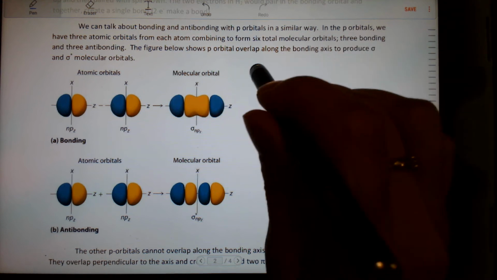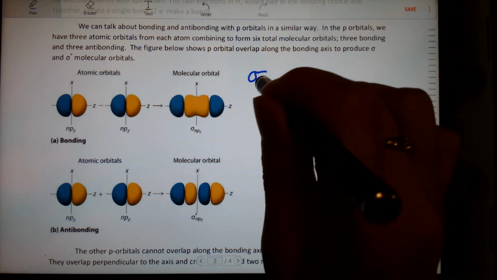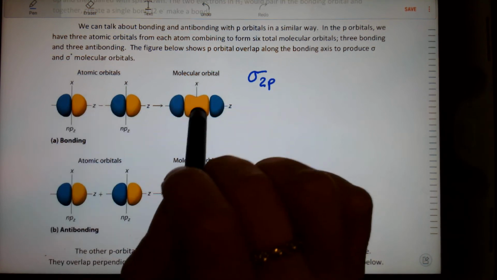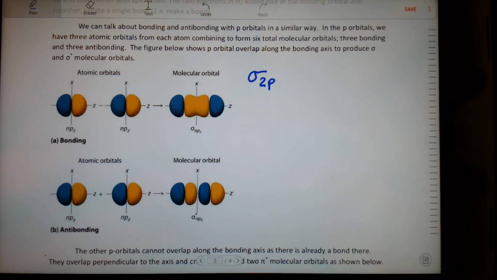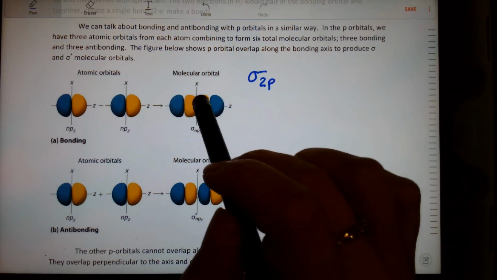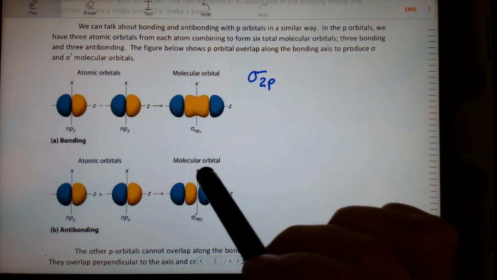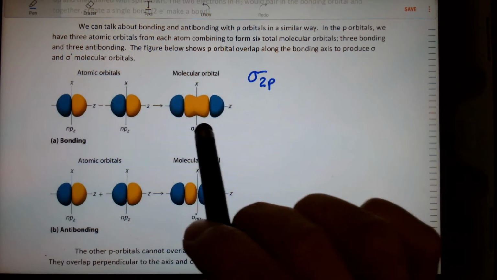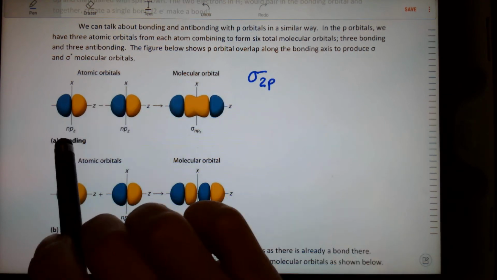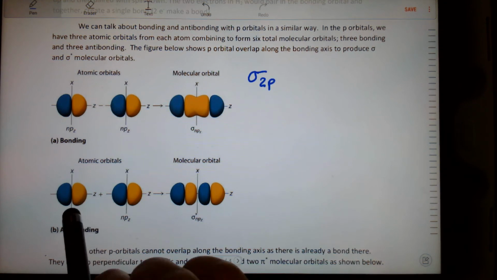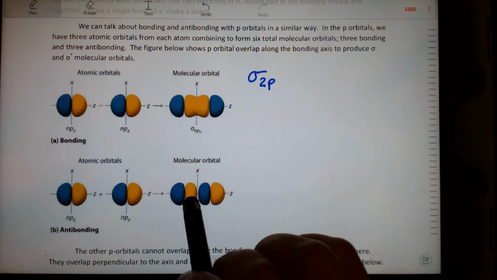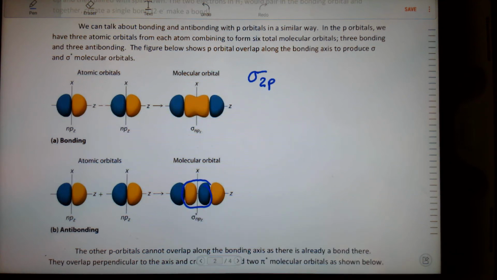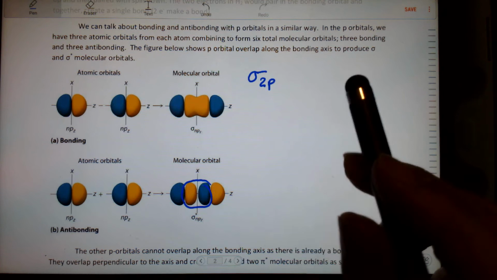So for example, if it's 2p, we would call it sigma 2p, where yellow added with yellow creates bonding. We could look at the wave functions again for that if we wanted to, but it's easier to look at the shapes of the orbitals and how they combine in this way. So this results in bonding. So what if they're out of phase? Then we have this section right here canceling out, so we do not get any constructive overlap.